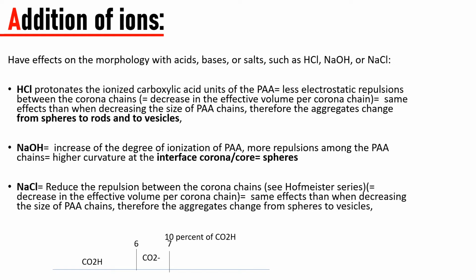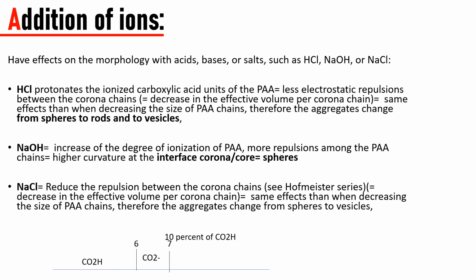I just remind you, the driving force for the control of the morphology is the repulsion between the corona chains. If the repulsion is strong, the curvature at the corona-core interface is higher, leading to spheres.